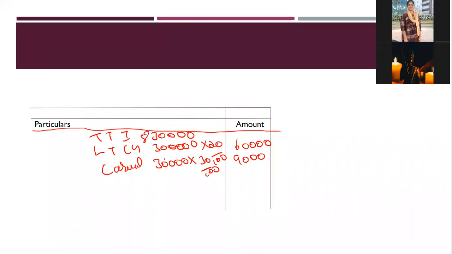And next, the remaining balance. How much will be the remaining balance? On 8,30,000, 3 lakhs we have calculated, and 30,000 we have calculated. Remaining balance will be 5 lakhs. So on 5 lakhs, 25%. So how much is 25% on 5 lakhs?